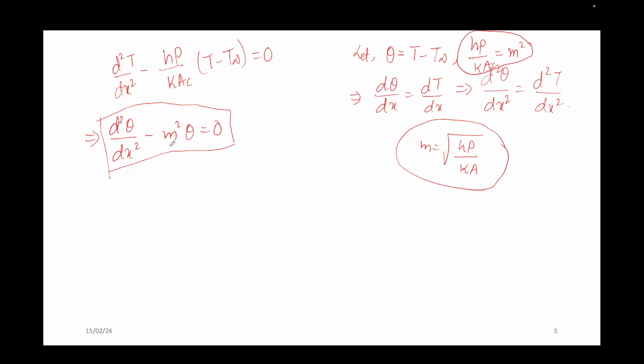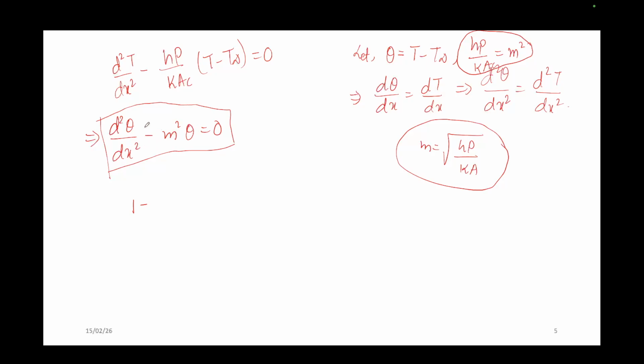So if an equation is in this form, what is the coefficient of the second order derivative? Its coefficient is 1. What is the coefficient of the first order derivative, d theta by dx?